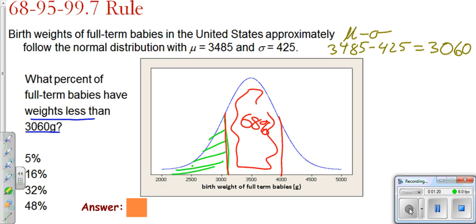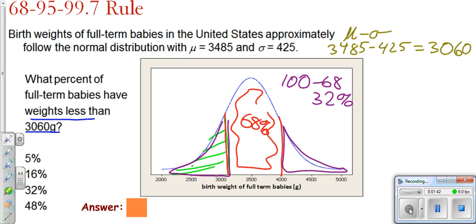Now, we know everything underneath the blue curve adds up to 100. Well, if we take everything underneath the blue curve, which is 100, take away that centerpiece, which we know is one standard deviation, that leaves us with 32%. That 32% covers both of these tails.